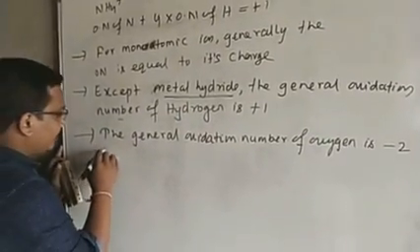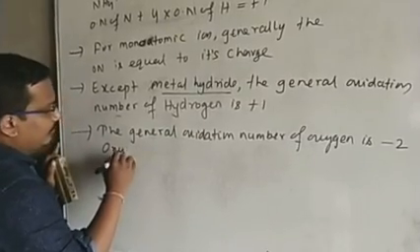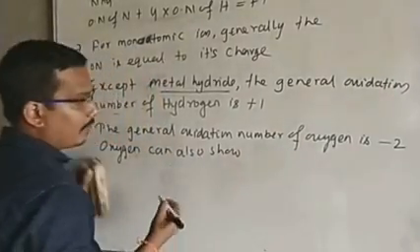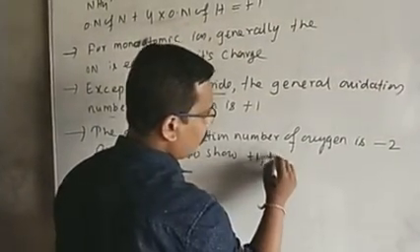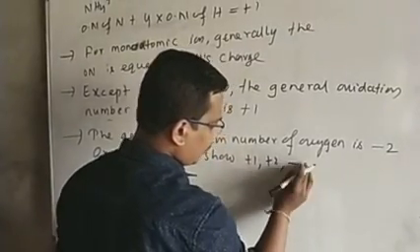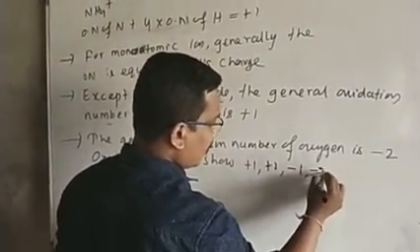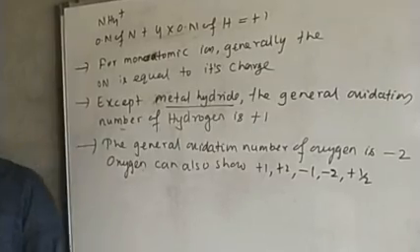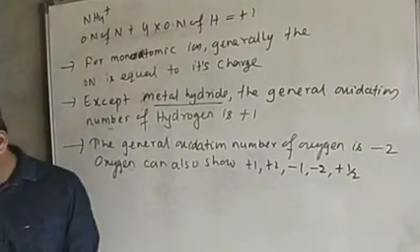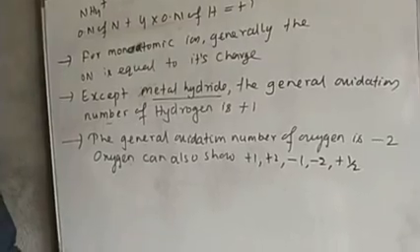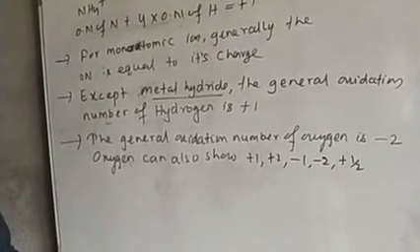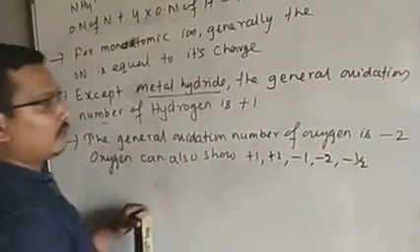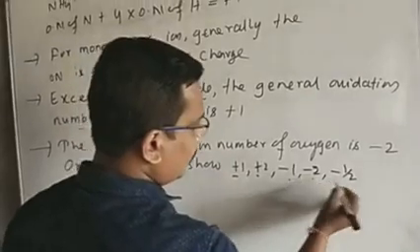So we can write one point: oxygen can also show other oxidation numbers, like +1, +2, -1, -2, and -1/2.